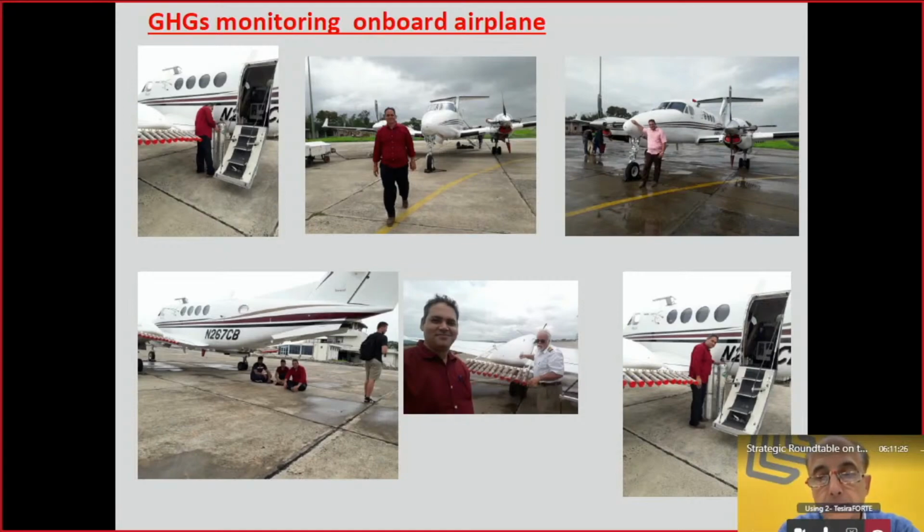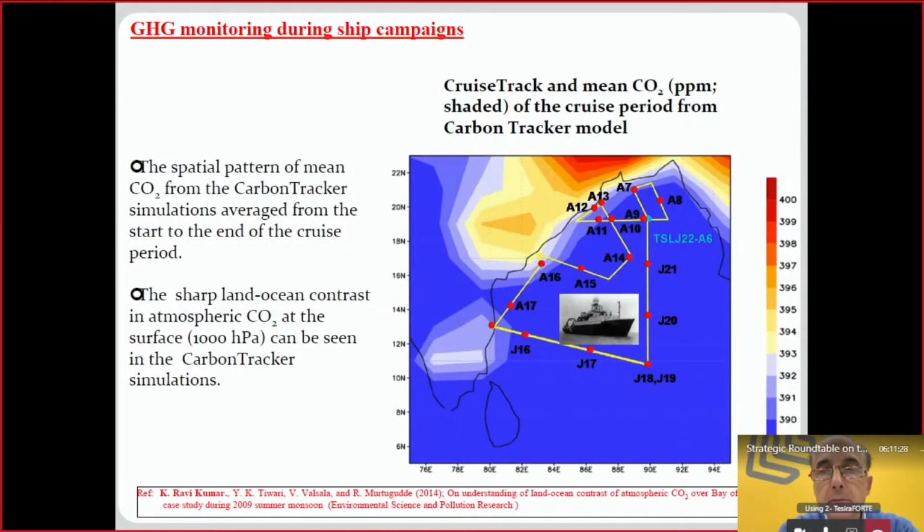Next. And we have done some ship campaigns also in different sectors. This is just one example that we have done in the Bay of Bengal, which was published. And other than that, we have done ship campaigns in the Arabian Sea and in the Indian Ocean also. So this is repeated every 1 year or 2 years.